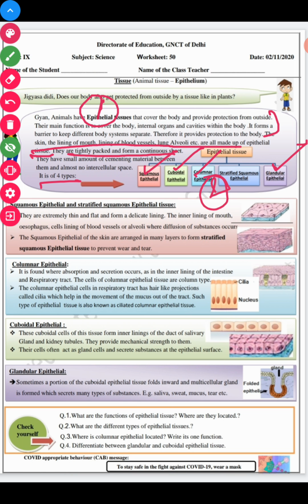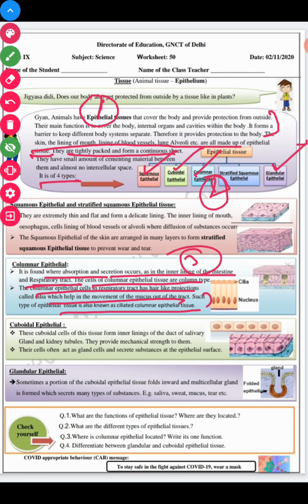Third question: where is columnar epithelium located? Write its function. They are located in the inner lining of the intestine and respiratory tract. So you have to write all these points, right? This is the answer of your third question.